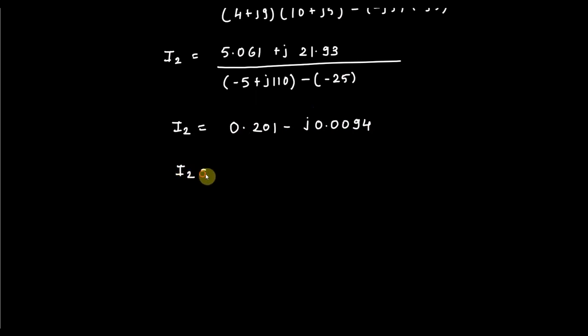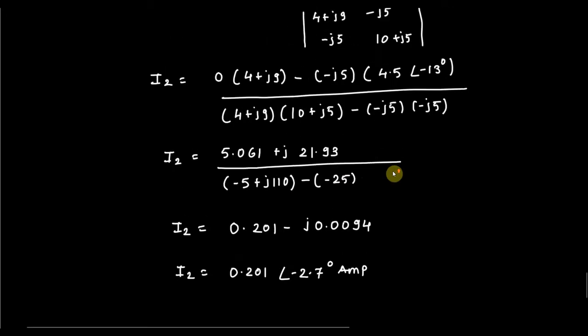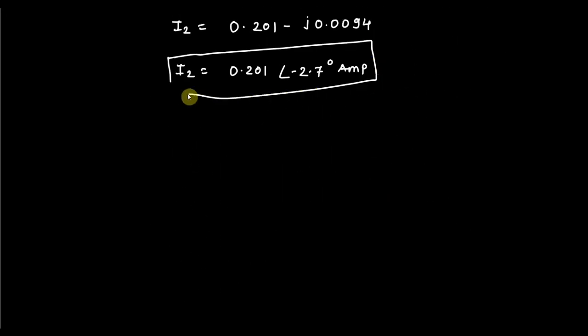But find your answer in the polar form, and when you find it, your answer comes out to be 0.201 at an angle minus 2.7 degrees ampere. This is your I2.